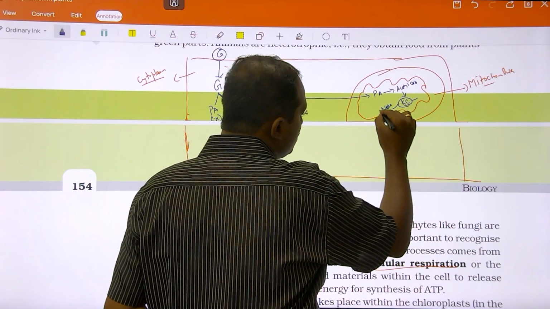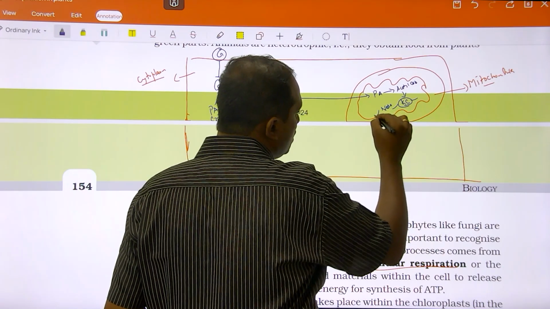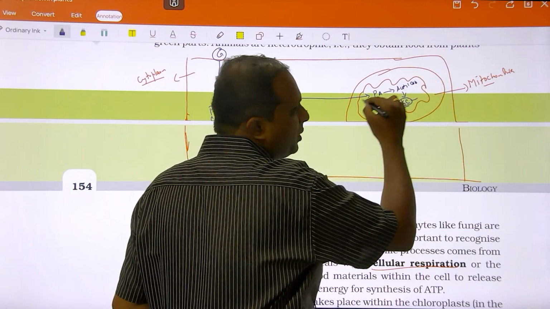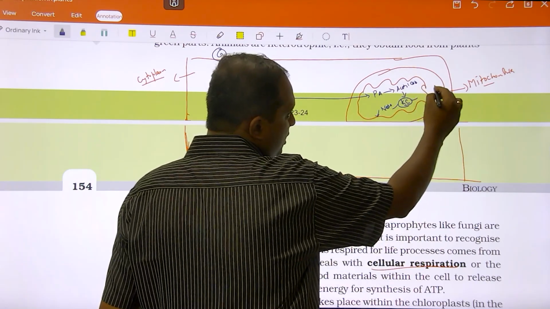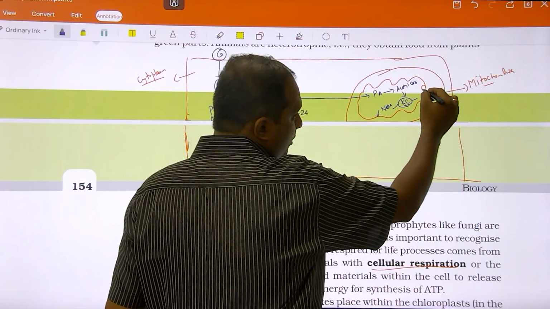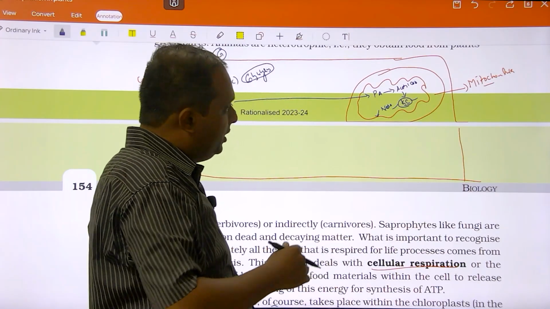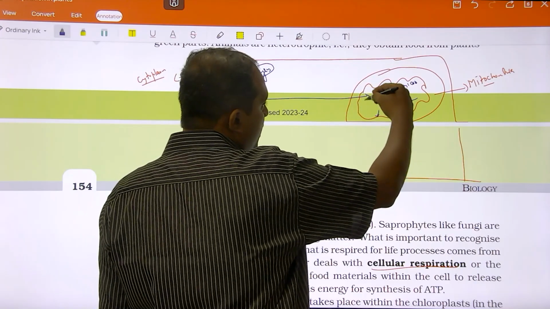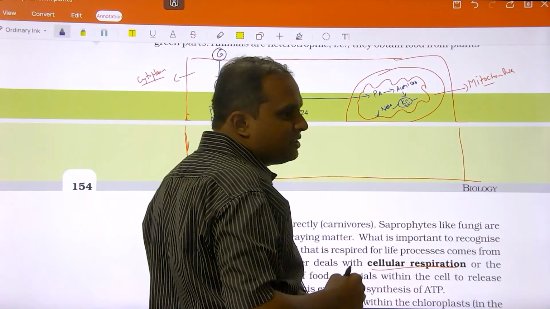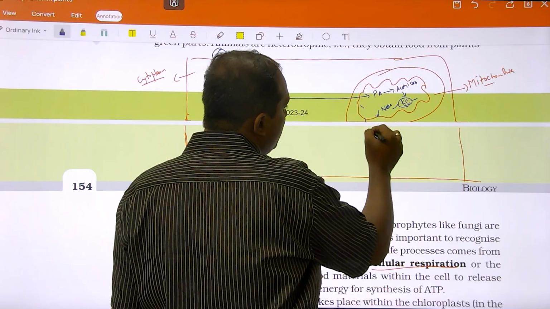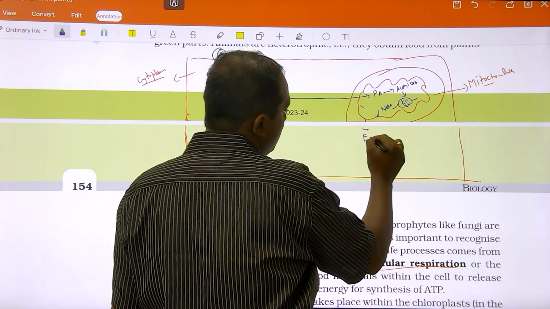And those are going to join the electron transport chain, which is happening in the inner membrane of the mitochondria. So mitochondria has 2 membranes, outer membrane, inner membrane. Have you heard the term cristae? The inner membrane of mitochondria is thrown into many foldings called cristae. Right? In the cristae, you have some electron transport chain systems, ETC.